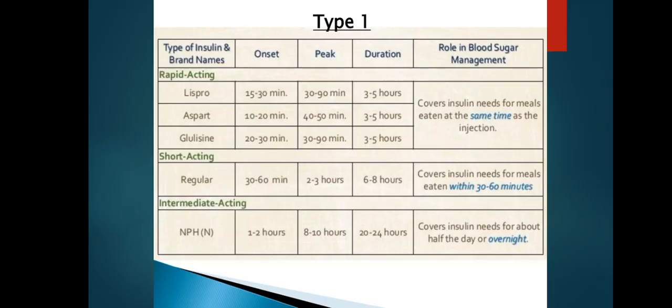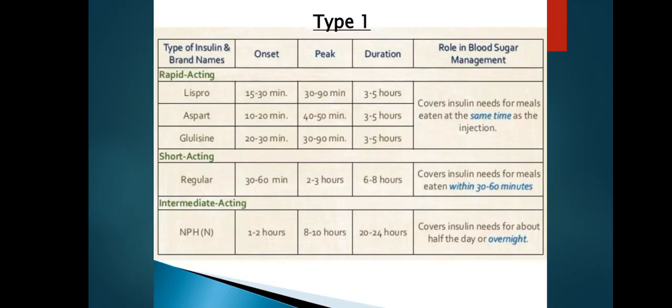And what will be its peak effect? Over 90 minutes. And the other one is Aspart insulin. After administration, it takes 20 minutes to start its action.